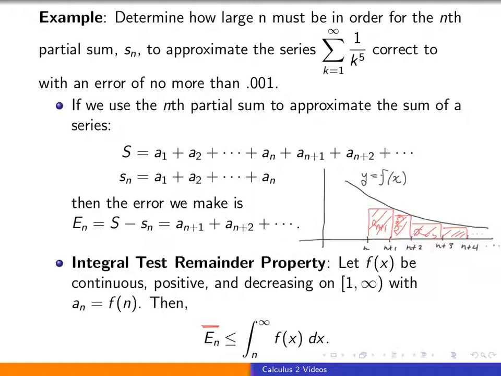But if we think about what this integral from n to infinity is calculating, well, in blue you would have all of the area underneath this curve. So the blue area is bigger than the red area. And take that for what it's worth, just a little bit of intuition as to maybe where this formula is coming from. The big thing, though, is can we apply it to solve this problem?